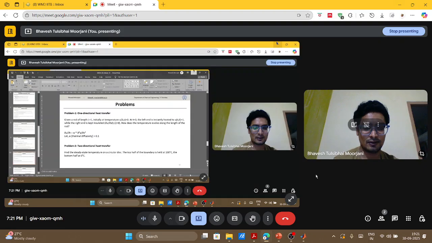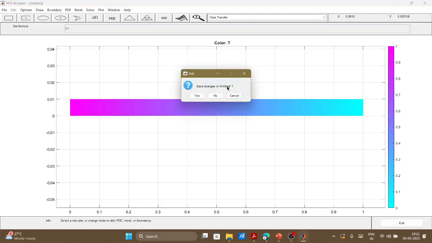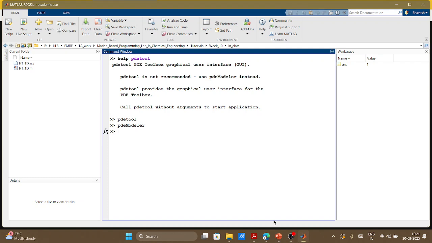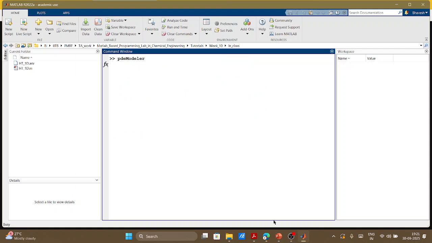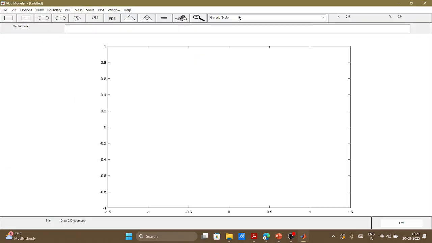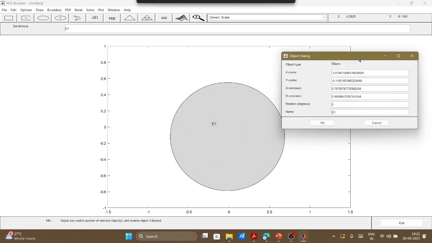Okay, so let's simulate that. Let me close this. No, I don't want to save. Let me call the PDE modeler again. Now, we have been asked that we have a circular disk. Nothing else has been specified. First I have to make sure that it's a circular disk.